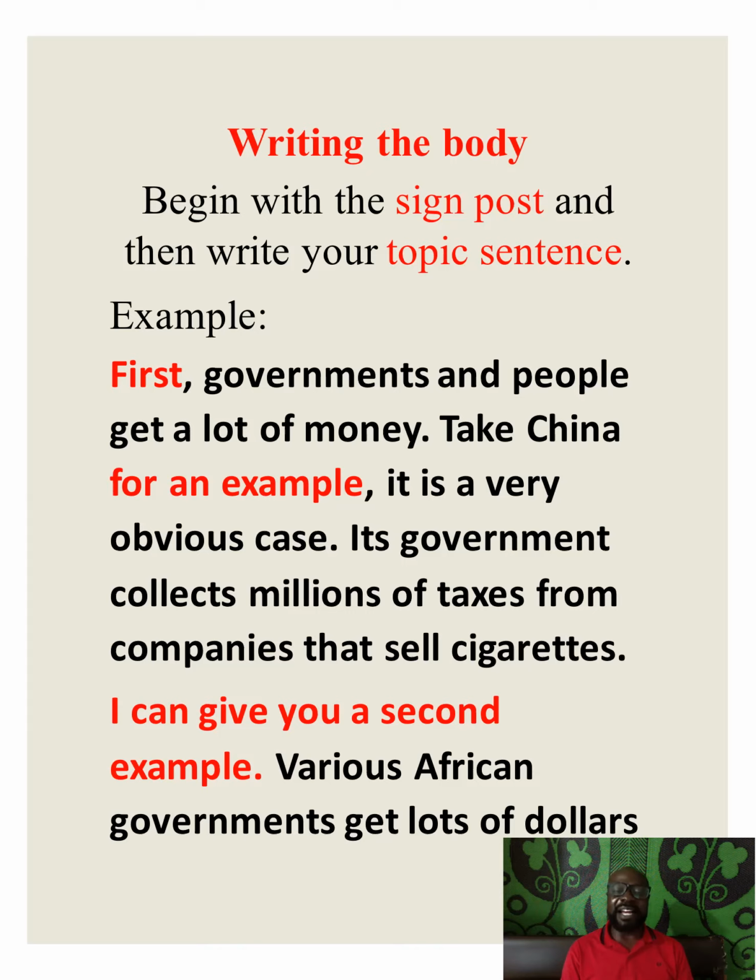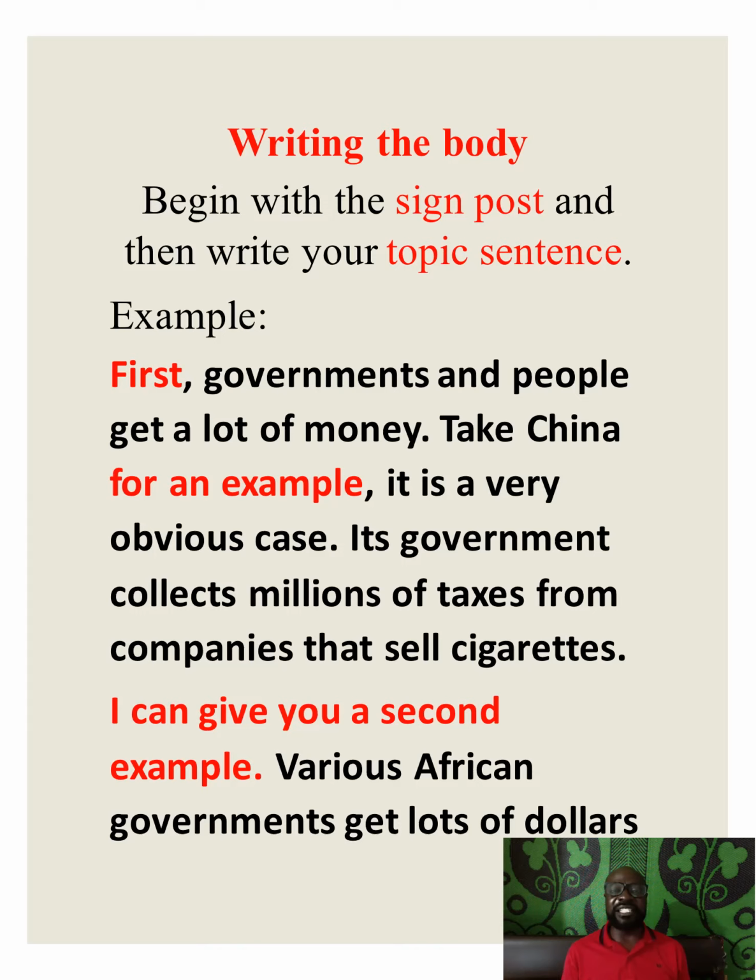Now, first tell us, how does government make money? Which government? In my example, I say China. How? Taxes. There are very many types of taxes. Income tax, VAT, there are many types. You can even tell us some of the taxes that government uses to collect money. All those ones are examples.